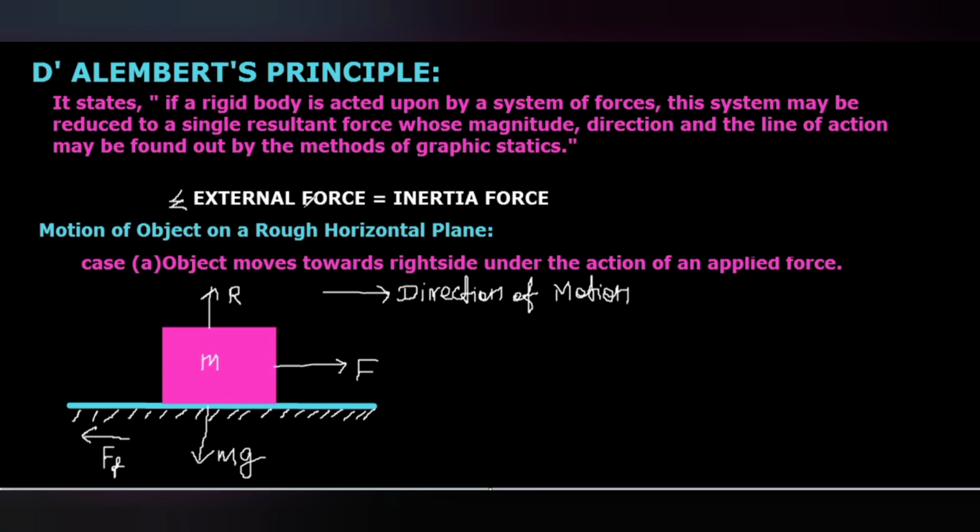Now, the summation of the external forces: here, F is acting towards the right side, and the frictional force is acting towards the left side. So the resultant force on the right side is capital F minus capital F suffix F. That is the summation of the external forces, which equals the inertia force, equal to the mass multiplied with the acceleration, and it will always act opposite to the direction of motion.